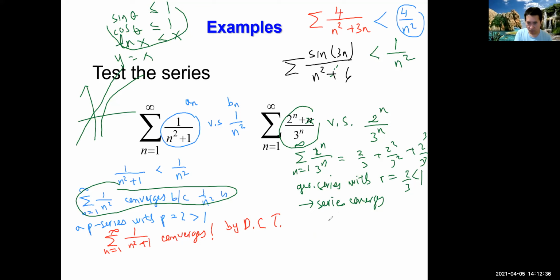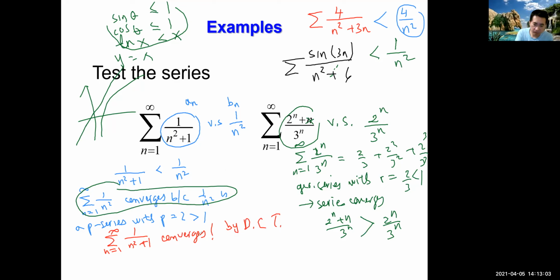So what I mean is, if you look at 2 to the n plus n over 3 to the n, and 2 to the n over 3 to the n, which terms are bigger? Well, the denominator is essentially the same. The numerator here has an extra n compared to this side, so you have this inequality.